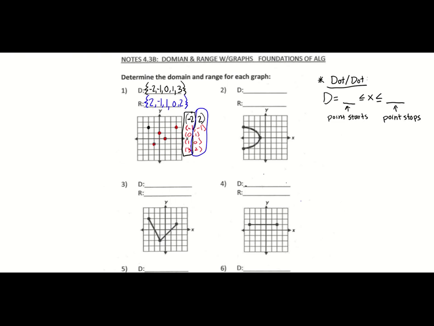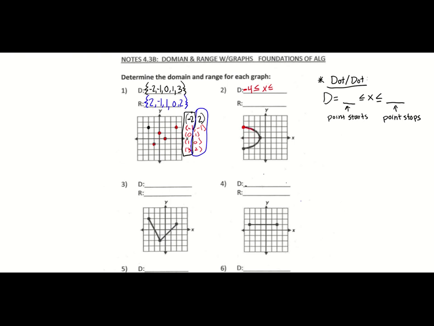So if we look over here on our graph, at our first point right here, this is where our line starts. So our domain here is going to be -4 in my x direction. And I'm going to fill in less than or equal to x, less than or equal to, and then where my point stops.